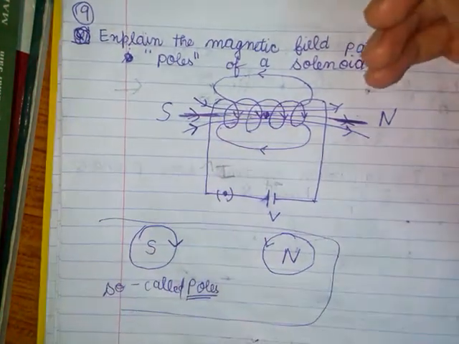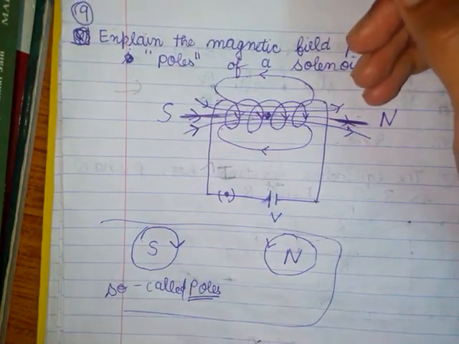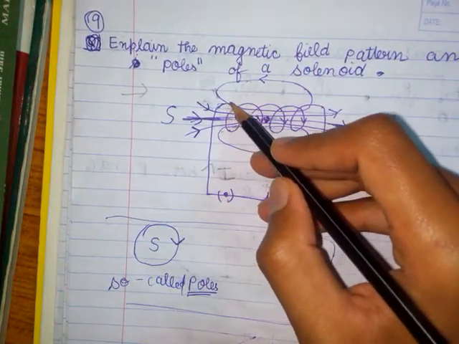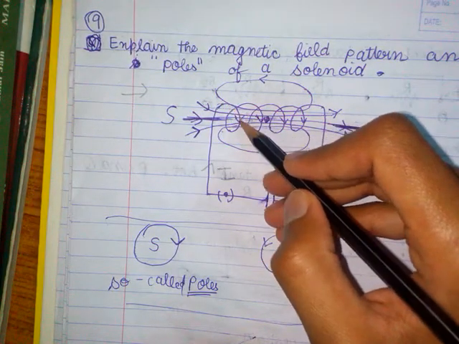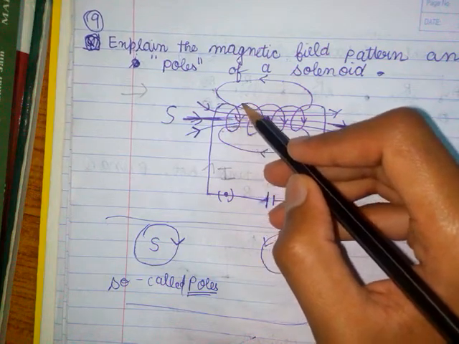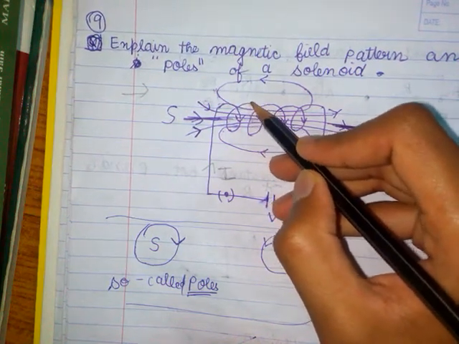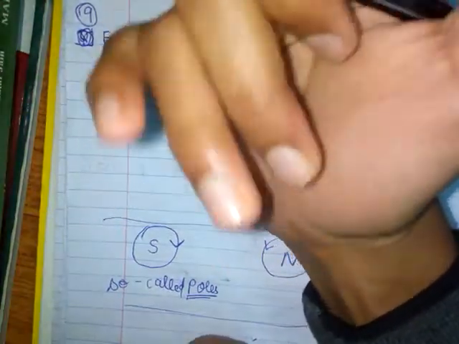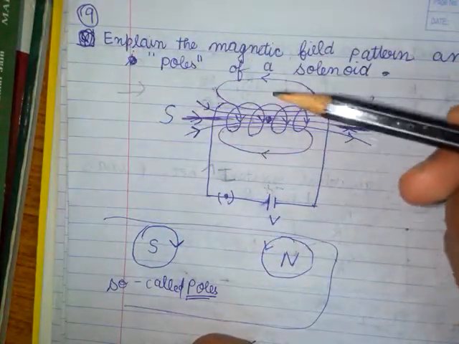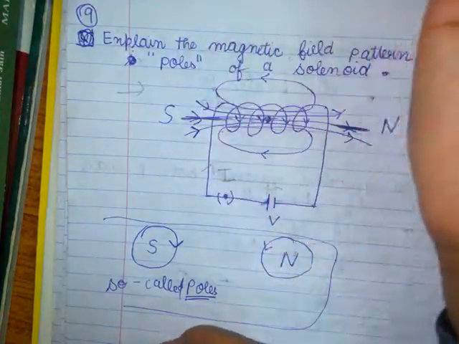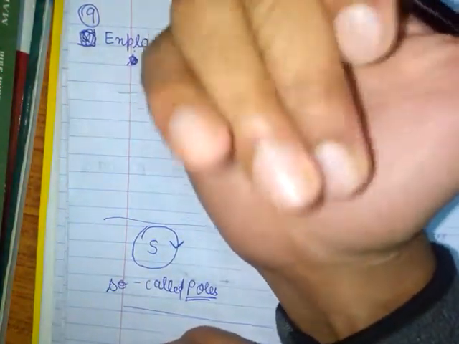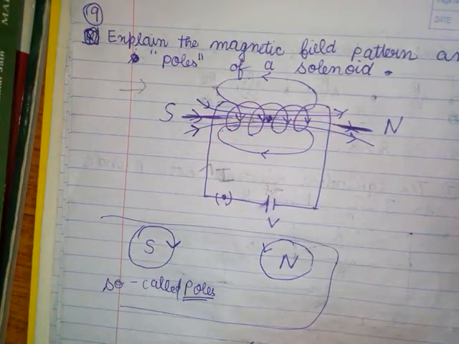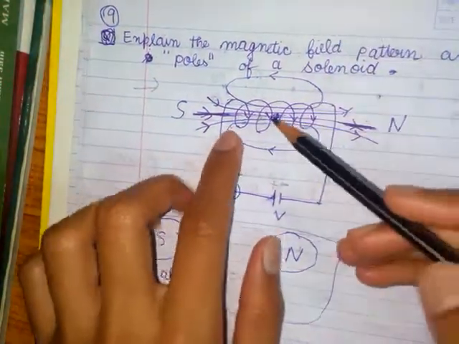We can actually apply the corkscrew rule to any part of the solenoid. Consider the point where the current is coming here, going to the backside, and coming here and going in this direction. When the current is going in this direction, the field pattern would be like this. Sorry, let me do that again.